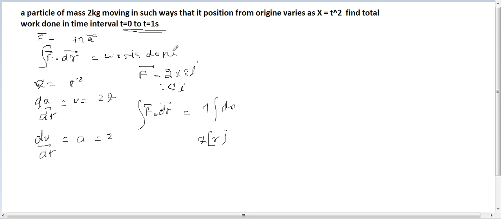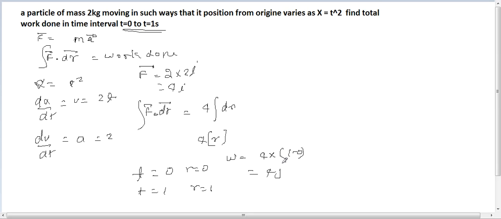At time t is equal to 0, r is equal to 0, the position is 0, and at time t is equal to 1, r is equal to 1. So what is the work done? Work done is basically 4 into 1 minus 0, that will be 4 joule. Okay, so this is the first approach.